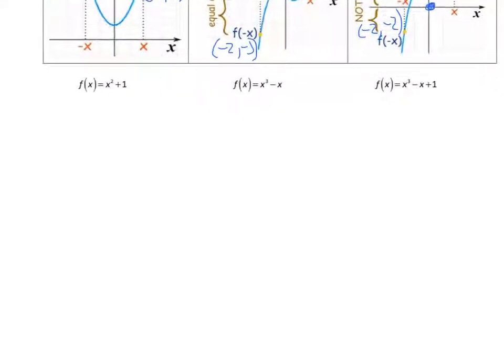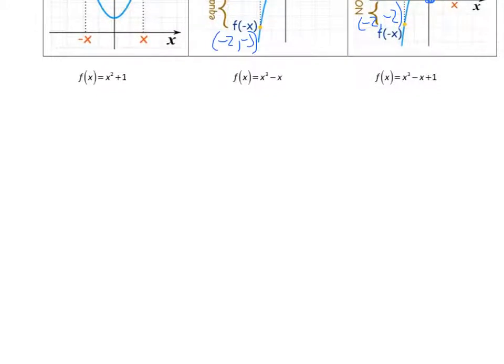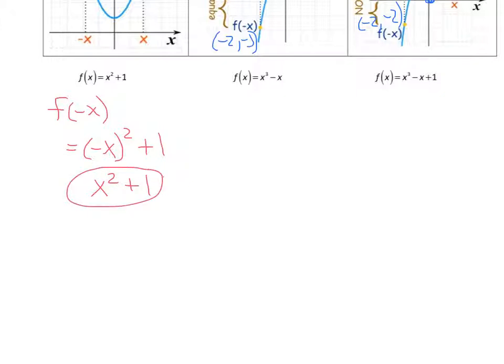You're going to find f of negative x, so you plug negative x into the function. For this one we get negative x squared plus 1. Now, when I square negative x, I get positive x squared plus 1, which was the exact function I started with. And when that happens, you have an even function.